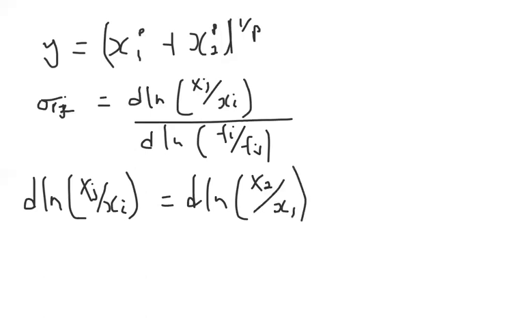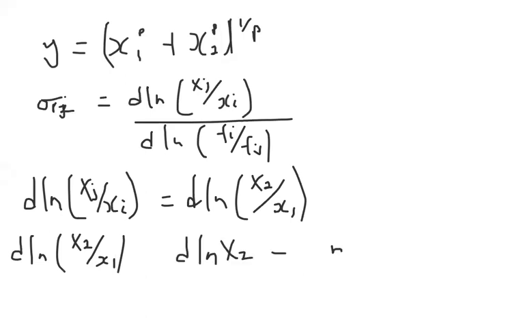According to the law of logarithms, ln(x2/x1) is the same as ln x2 minus ln x1. So d ln(x2/x1) = d ln x2 minus d ln x1.